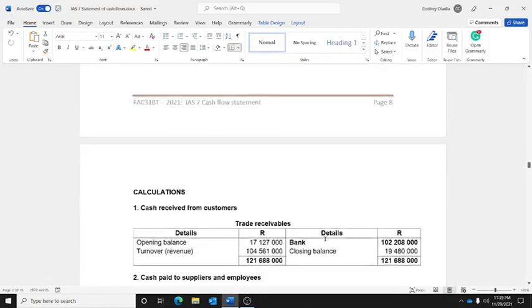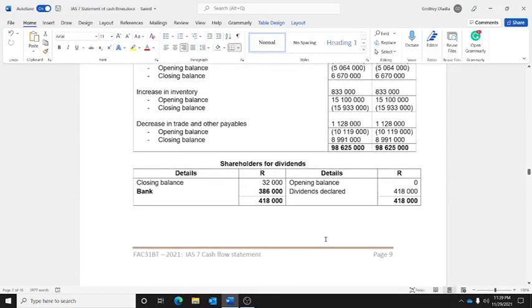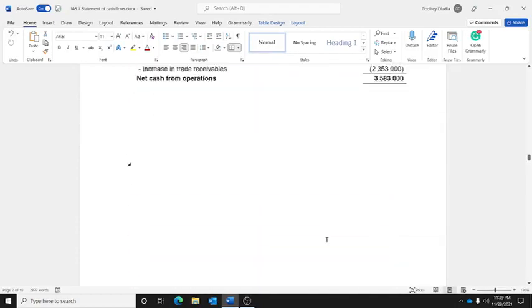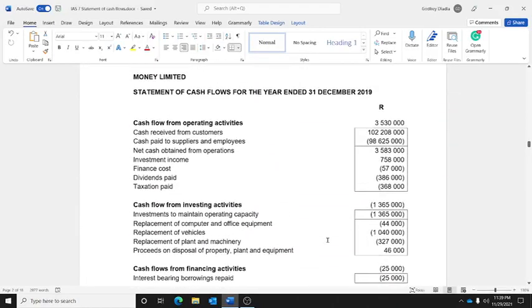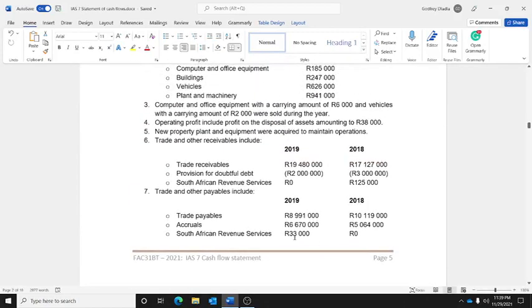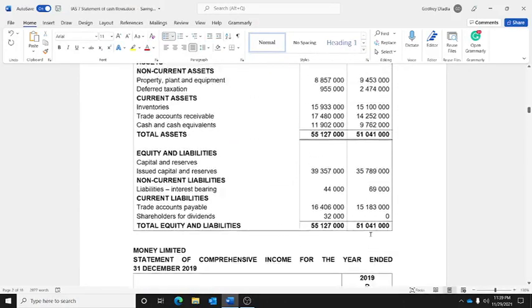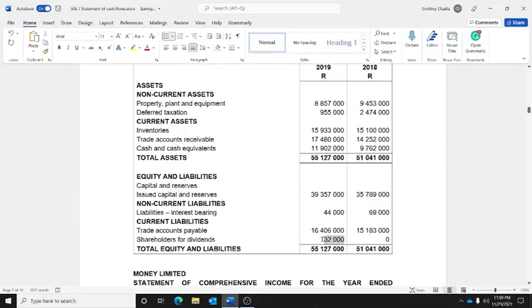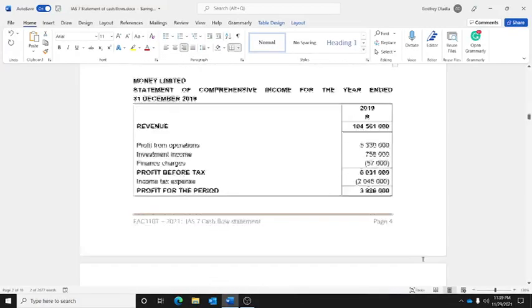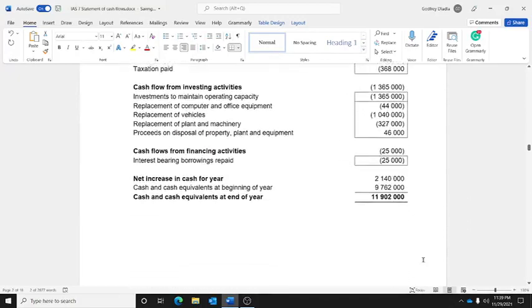Let's see. 386. Yeah. So that should be 32. I think this one must change to 32. So it makes sense, because otherwise it won't tie to this one that I see here. If we don't do that. Yeah, so it should have been fixed in that fashion.